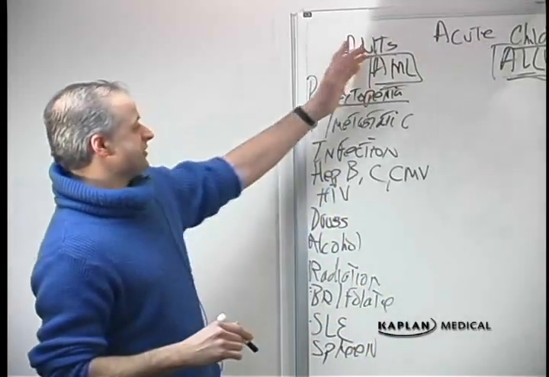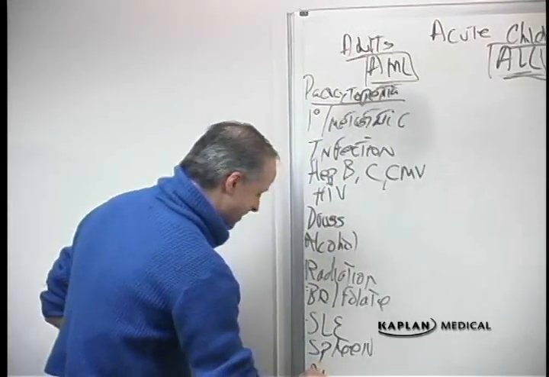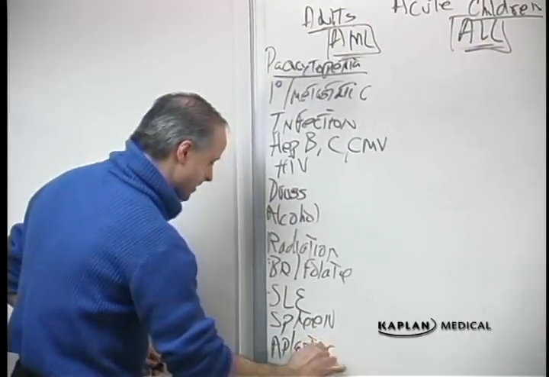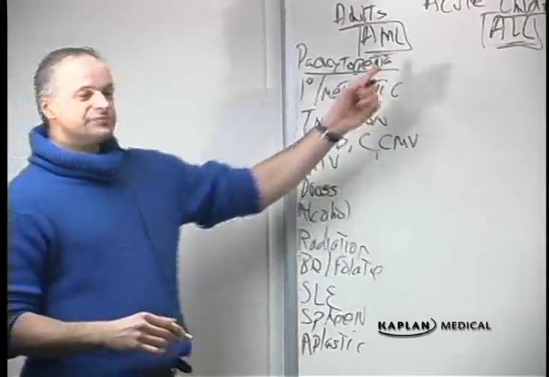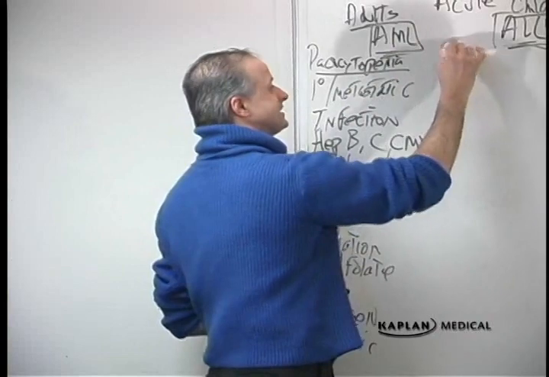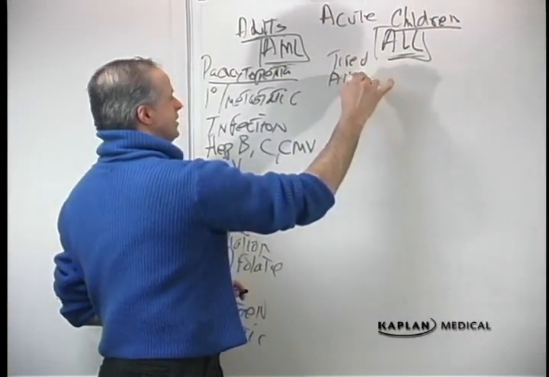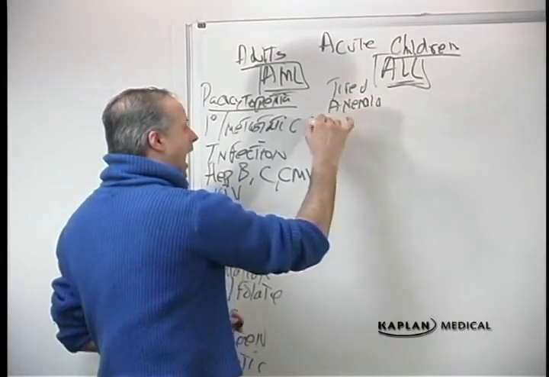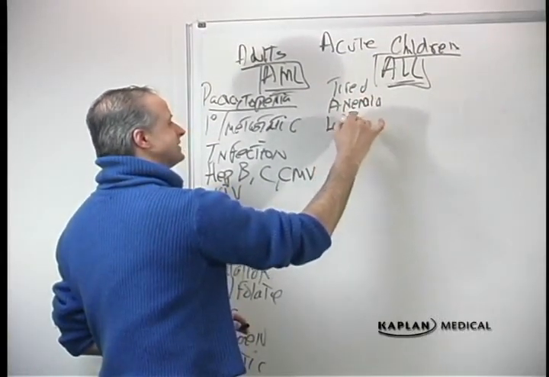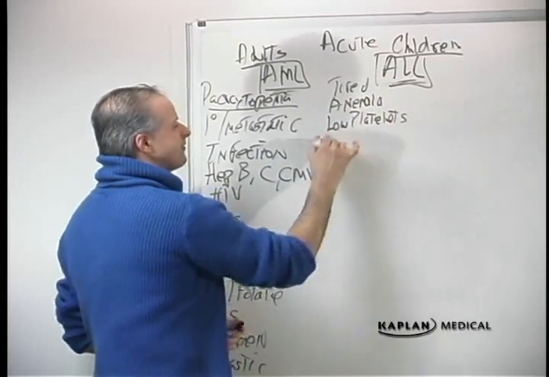Now, what's common to all these forms of pancytopenia and aplastic anemia and acute leukemias? People are tired. Why? Because they are anemic and have a low hematocrit. People are bleeding. Why? Because they have low platelets. They have infection.